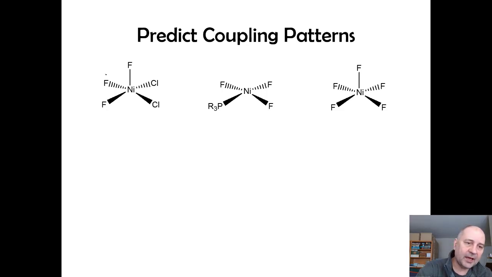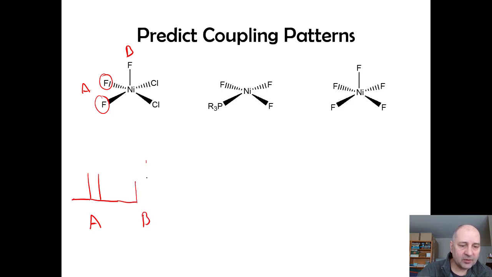Here the circles are going to be A, and then this is going to be B. And so we see a very similar pattern here. A is going to be split by 1 phosphorus into a doublet, and then B is going to be a triplet like this. Done. And so now we are introducing a second active nucleus here.